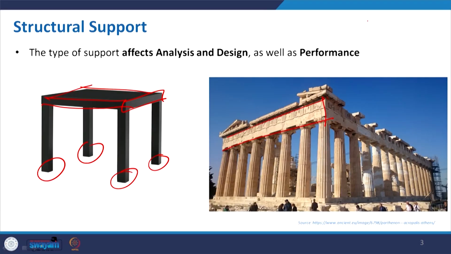There will be two major components. One is the support, and the other is the element that will be supported. So, we have a supporting structure and a supported structure.